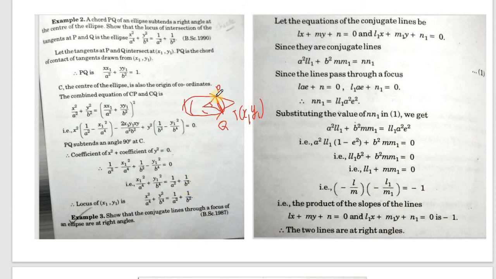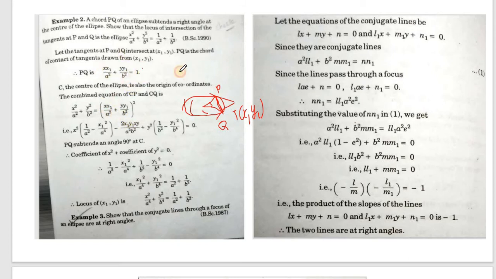So how can we get the equation of PQ? For that, the tangents at P and Q are given to intersect at say T of x1 y1, so that PQ becomes the chord of contact of tangents. That is xx1 by a square plus yy1 by b square is equal to 1.